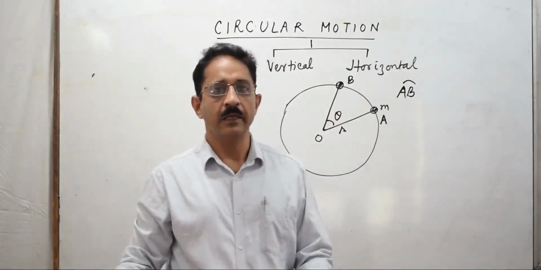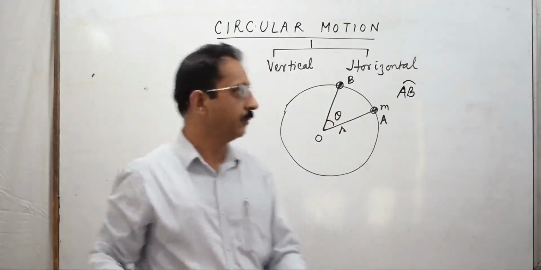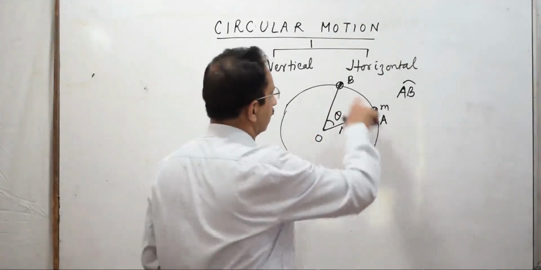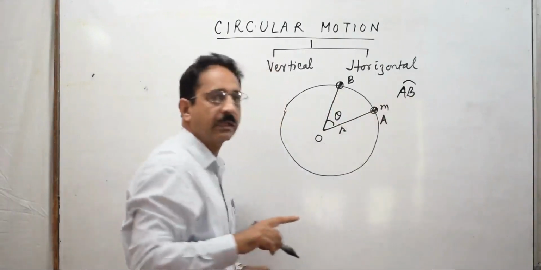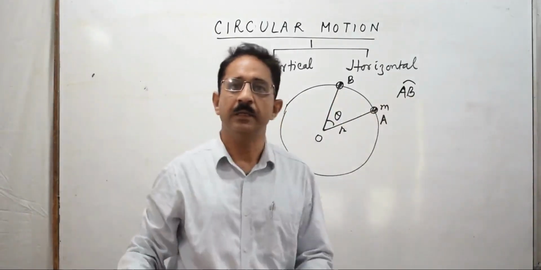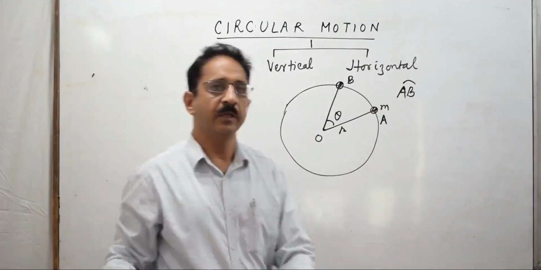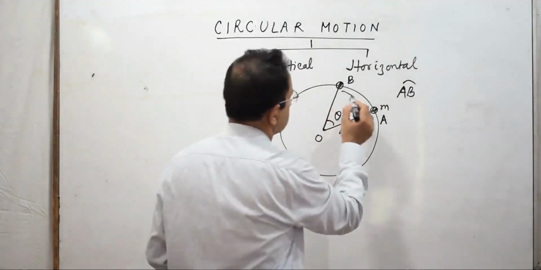So this is the angle described at the center when the body goes from point A to point B, called theta, and the distance which it has actually covered is along the arc AB, and that arc AB I may call for a while S.